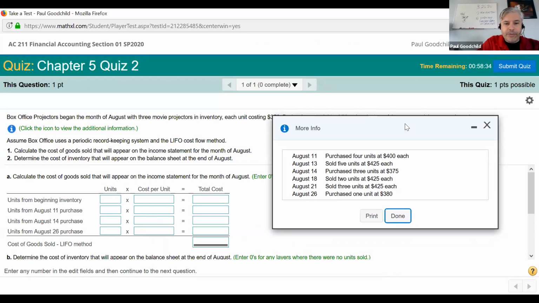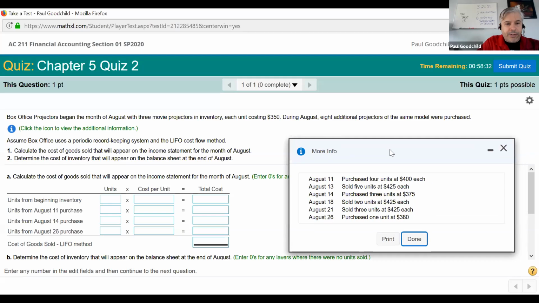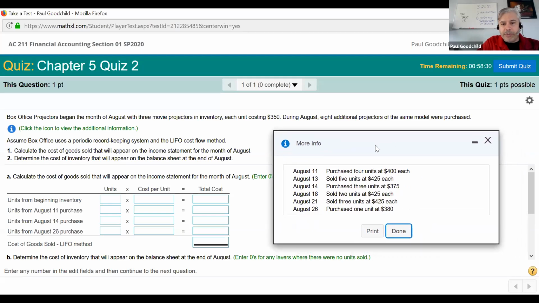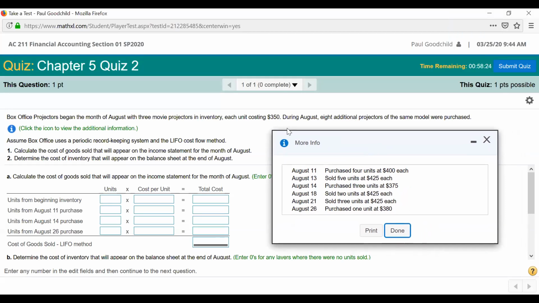So this is a question that says the movie projectors, so it's similar to what we did in class the other day, except this is LIFO. Let me just make sure the units are right. They had 3 in inventory and they purchased 8. And then they sold 5, 2, and 3, so 10.